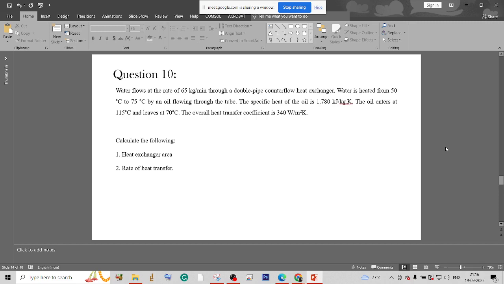For water, the specific heat Cpc is 4.186 kilojoule per kg Kelvin. So Cph is given, mh is not given, and we have to find that out.